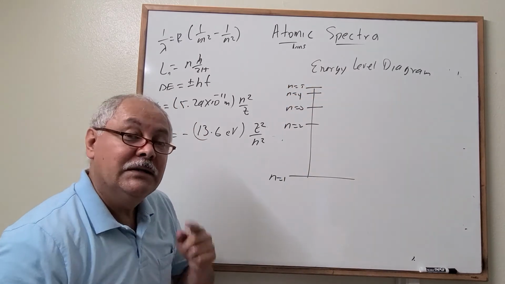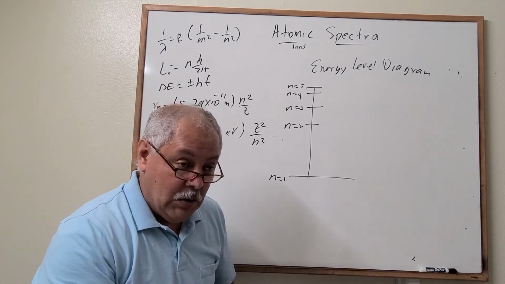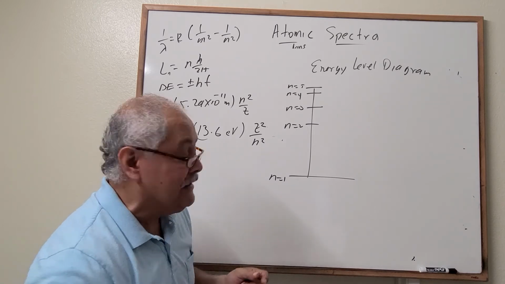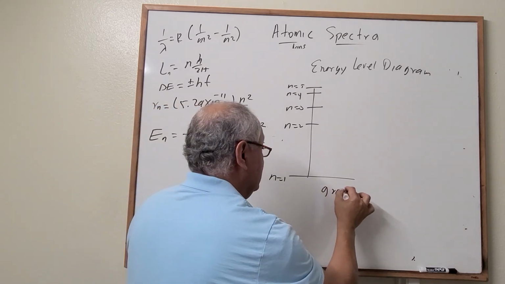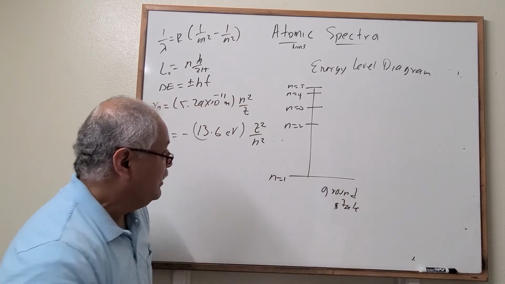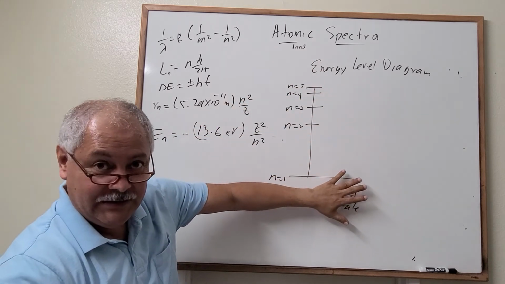For n equals 1, which is the minimum energy for the electron, for the atom, we call this the ground state. We call this the quantum state. So this is the ground state.